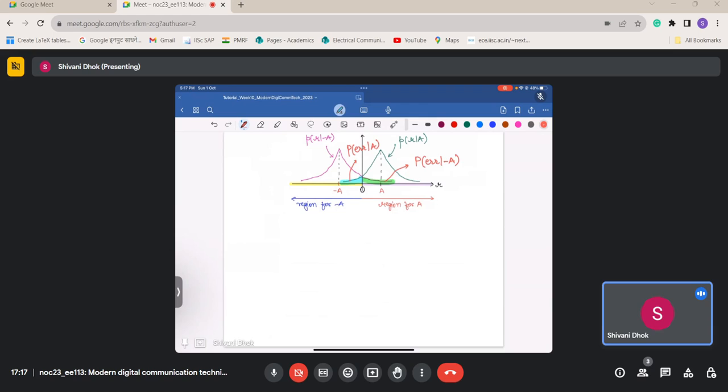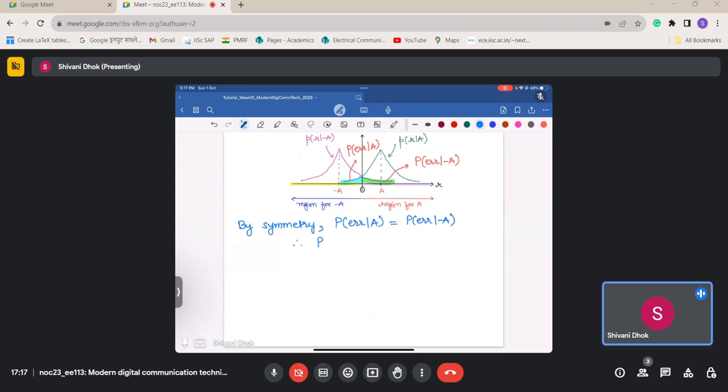Now these two are very symmetric. So by symmetry, the probability of error given A being transmitted is equal to the probability of error given minus A being transmitted.